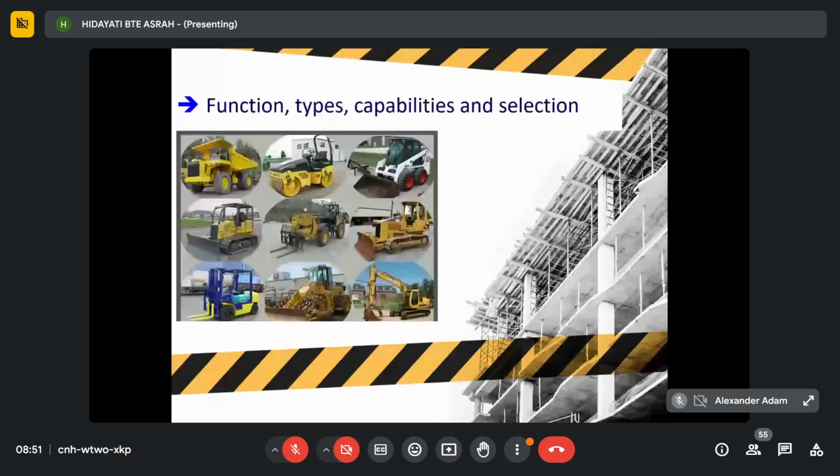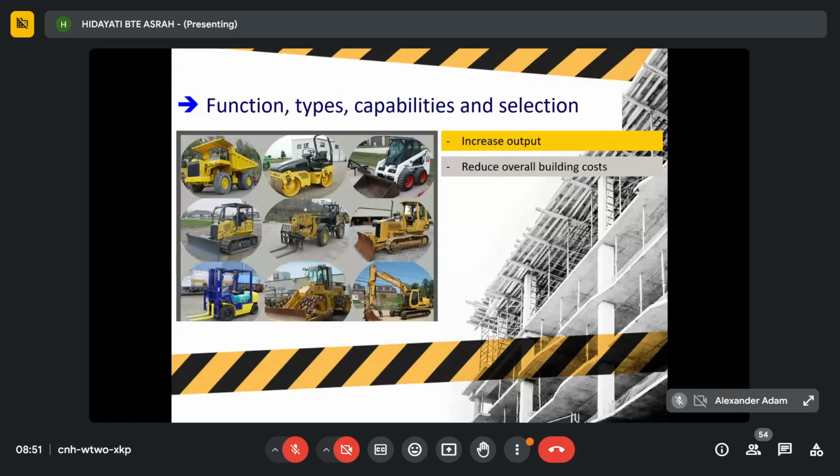The benefits of using machinery in construction are many. Number one, we want to increase the output. Rather than asking labor to do the work, let's say digging the soil, it's better if you use machinery. So it will increase the output of that activity. Also, it reduces overall building costs.